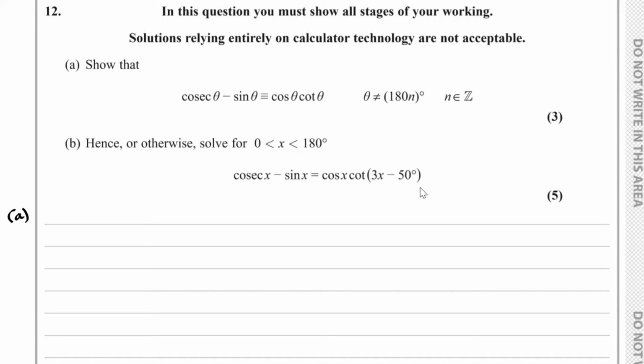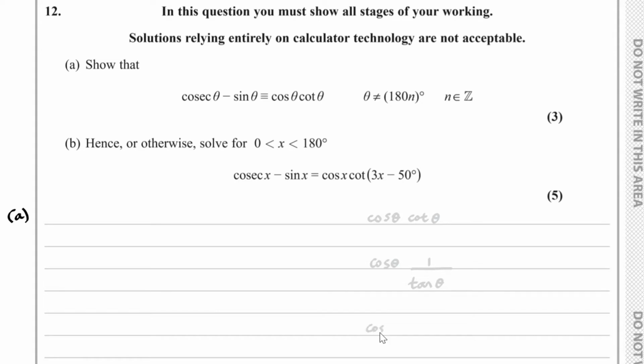So if you look at the right hand side for example, we've got cos theta cot theta. Now, cos theta cot theta, that's the same as cos theta multiplied by 1 over tan theta. And 1 over tan theta, that's the same as cos theta over sine theta.